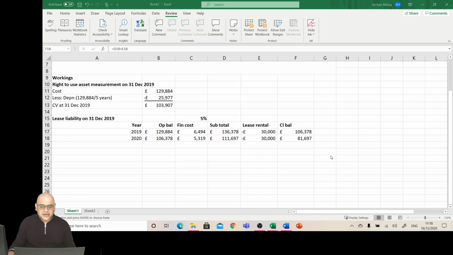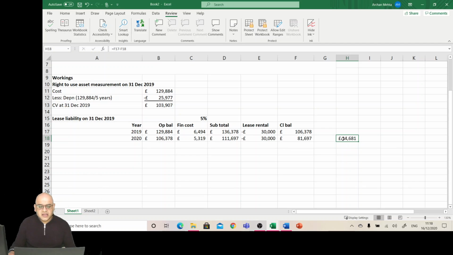Then what is the current liability? The current liability will be the difference between this and this. Whatever outstanding capital amount you owed and settle in the second year, which is the difference between these two figures, becomes the current liability.